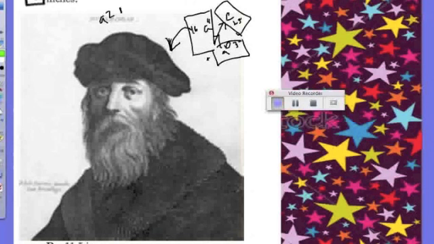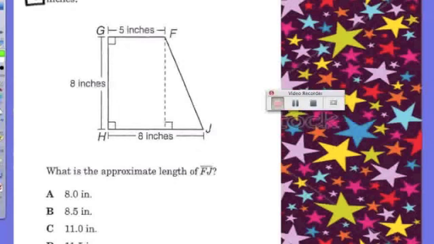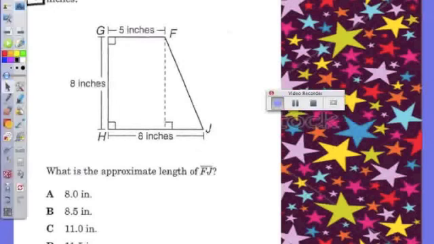A squared plus B squared equals C squared. It's Pythagoras, or Pythagora, whatever his name was. He's the one who's making y'all do this, not me. All right, so that's a little history lesson for y'all.